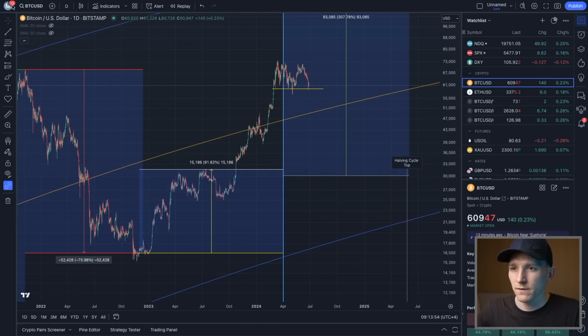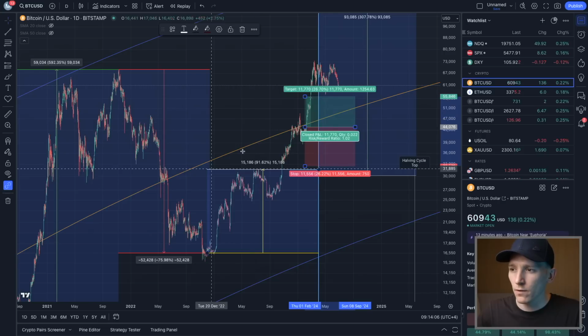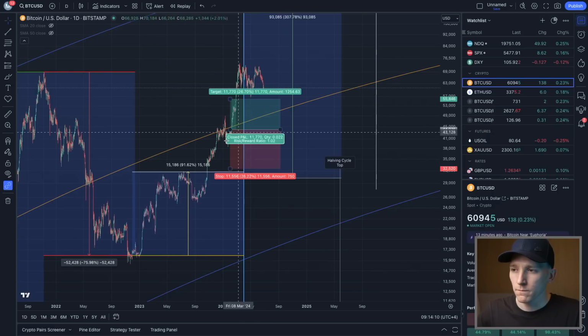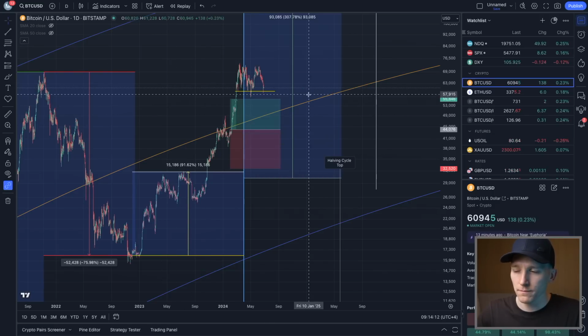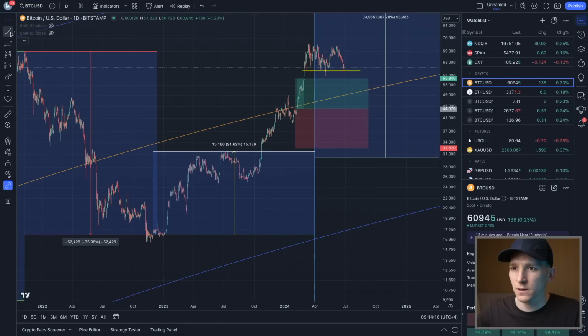So let's go for a long position, because we're in some sort of drawdown and we've clearly bounced here. So let's say we're in a long position at around this price. Why? We are right at the mid trend line, which is Bitcoin's natural growth. So the downside here is essentially that Bitcoin is going to go back into this kind of bearish consolidation, right?